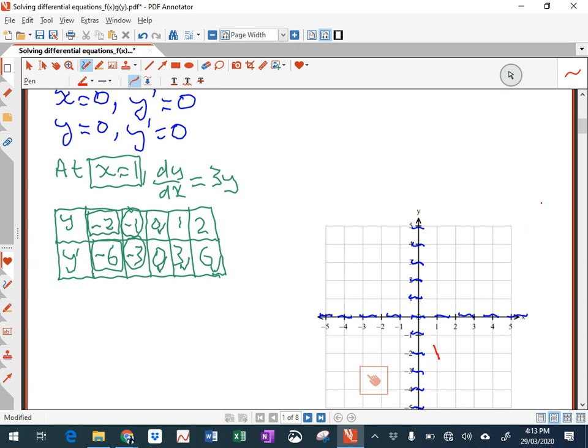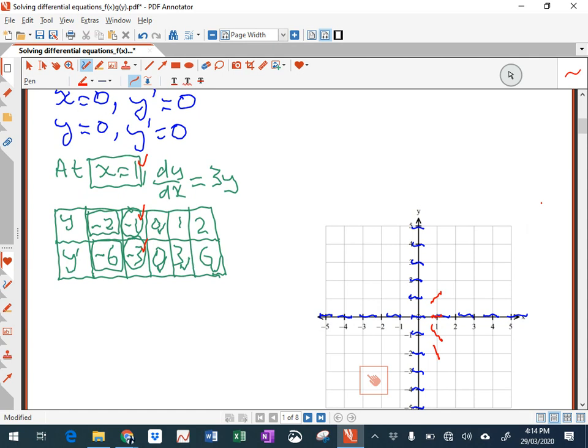Then at x equals 1 and y equals -1, the gradient is -3. So I go to (1, -1) and draw a gradient which is negative but not as steep, maybe something like that. Then at x equals 1 and y equals 0, the gradient is 0. At x equals 1, y equals 1, the gradient is 3, so it should be like so.